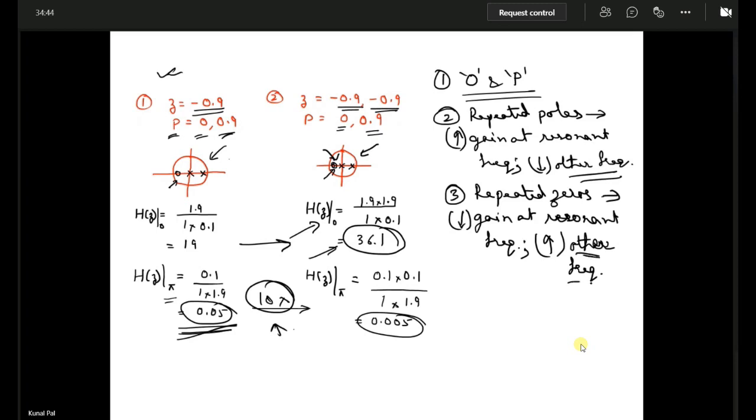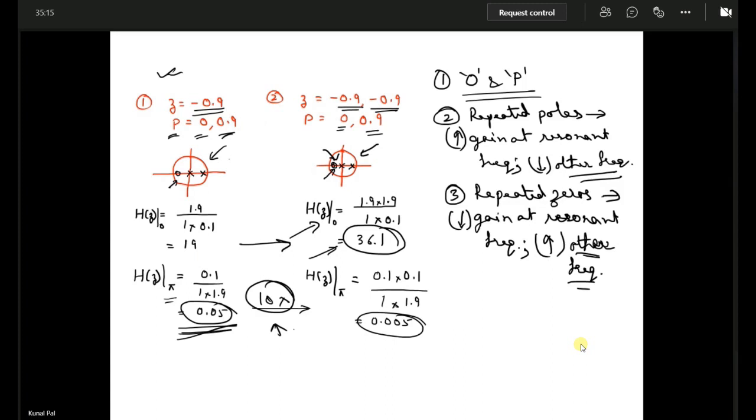Are you getting my point? So in gist, wherever you want to place a pole, if you are including an additional pole anywhere in the Z plane, what you are basically doing is altering the frequency response of the filters altogether.